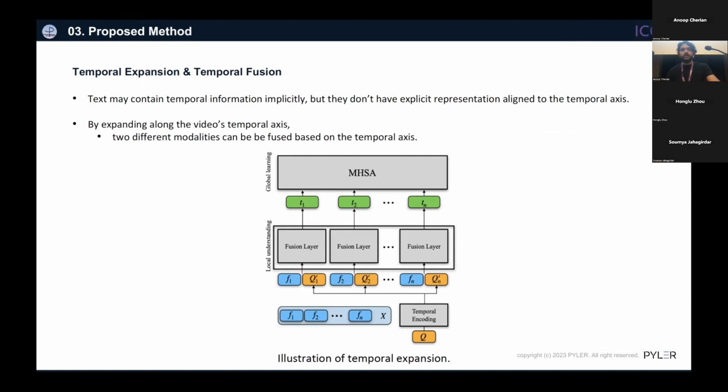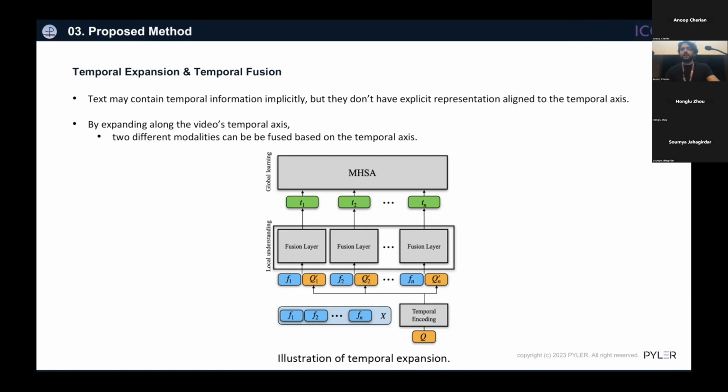Because you have a short question and a long video, there were also attempts to replicate the question tokens and then concatenate them with the frames. But I think we can do something better.